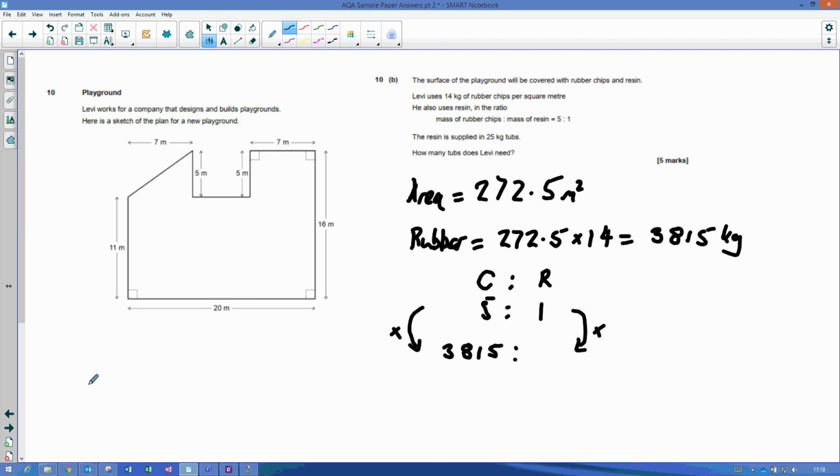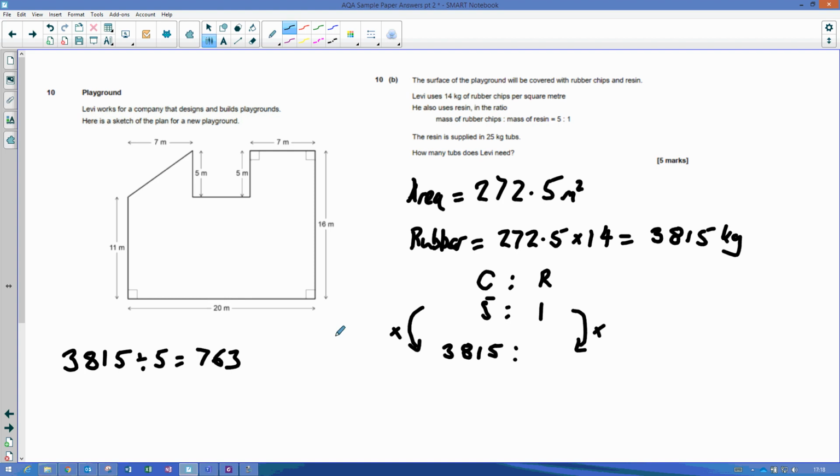I go backwards. So the opposite of multiplication is division. So I'm going to do 3,815 divided by 5, and that will tell me what I had to multiply by there. And if I type that into my calculator, I get 763.